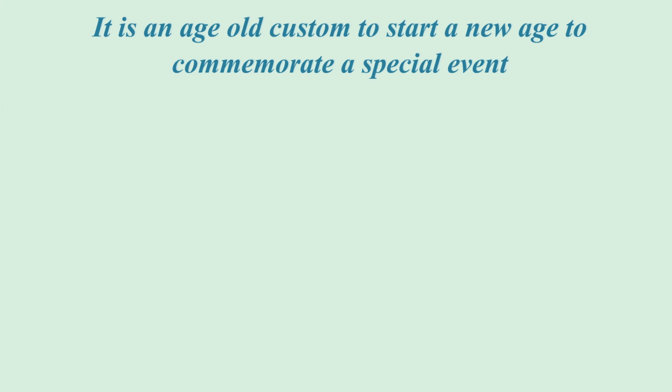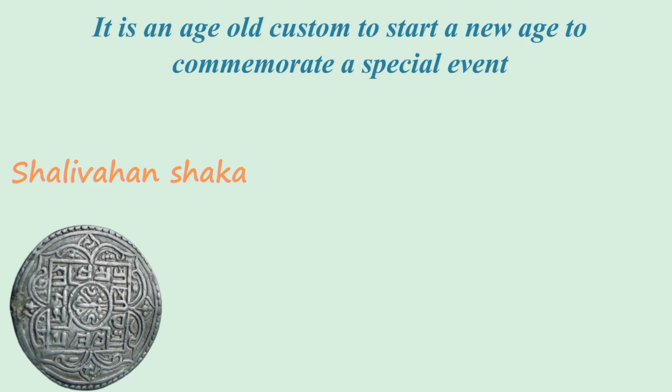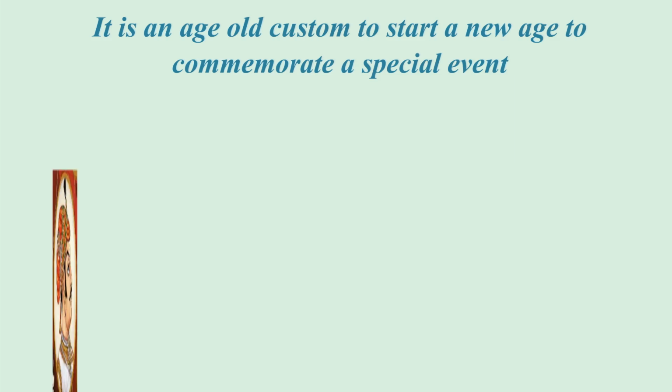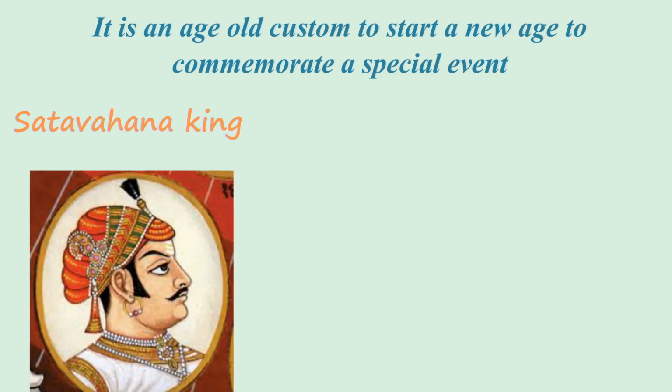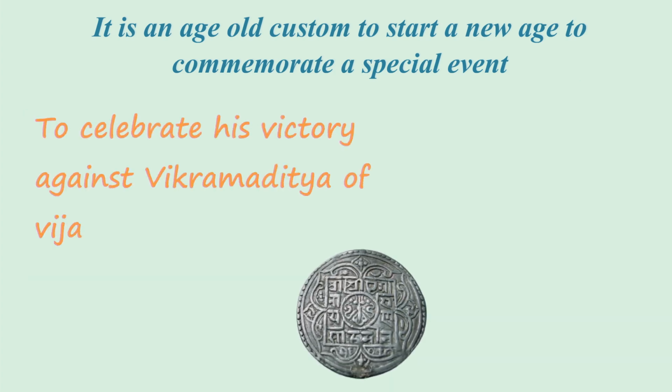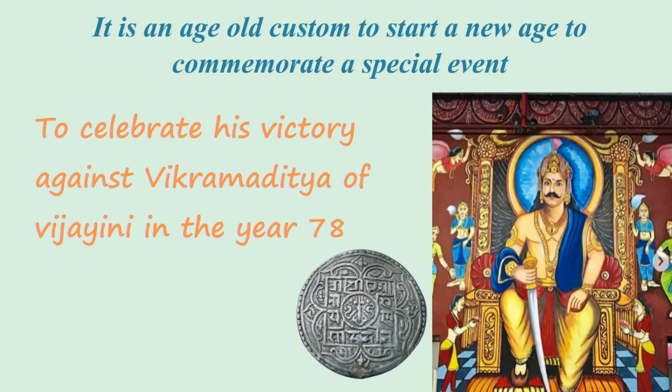Now the next: Shalivahan Shaka and Vikram Samvat are the most commonly used eras in India. The Satavahana king Shalivahana, sometimes identified as Gautamiputra Satakarni, is credited with the initiation of the era known as Shalivahana Shaka, to celebrate his victory against Vikramaditya of Ujjayini in the year 78.